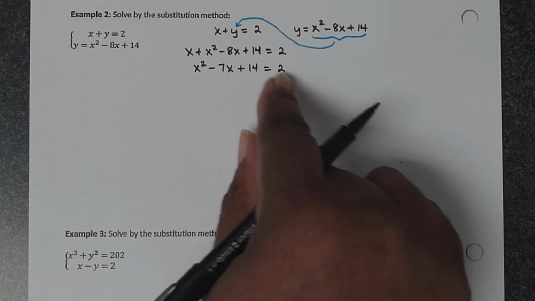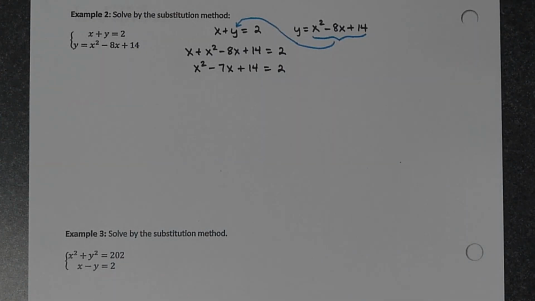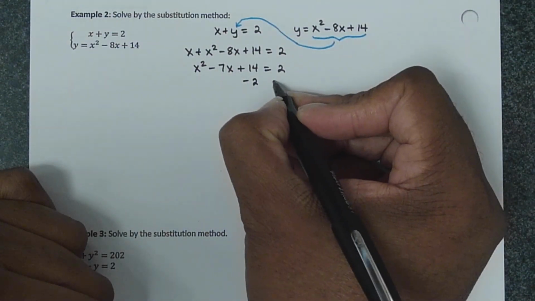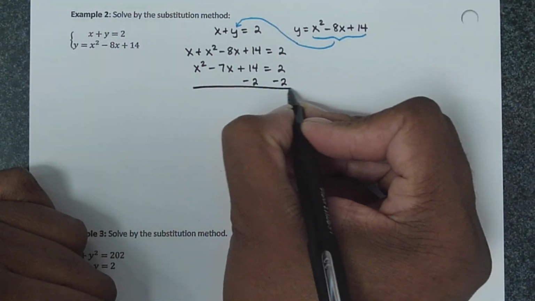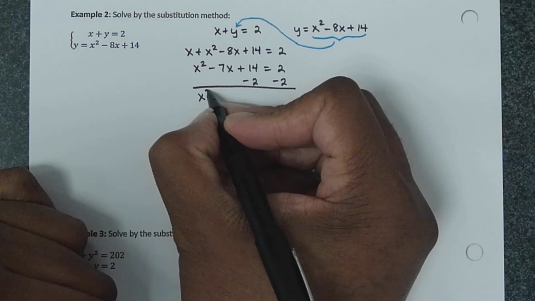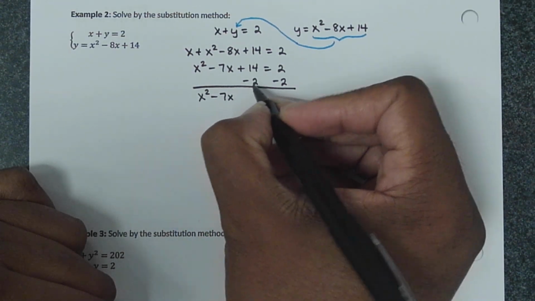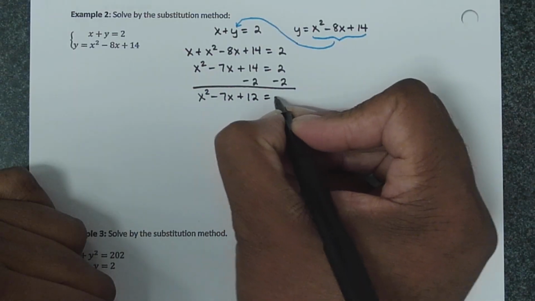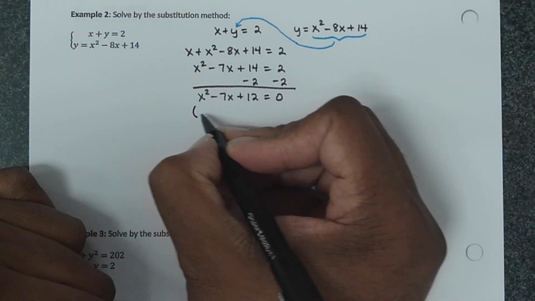So let's move that 2 over to where x squared minus 7x plus 14 is by subtracting 2 on both sides. When I do that, I got x squared minus 7x, 14 minus 2 would be plus 12, and that's equal to 0.